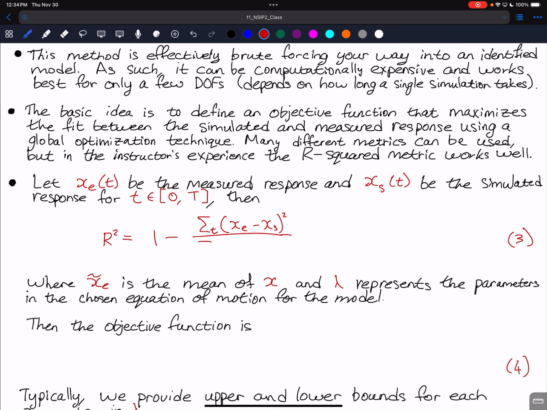And then we're dividing by the summation over time of the quantity XE minus XE tilde, that quantity squared. And here the tilde means the mean value.